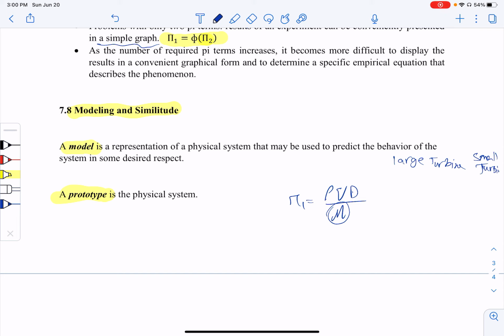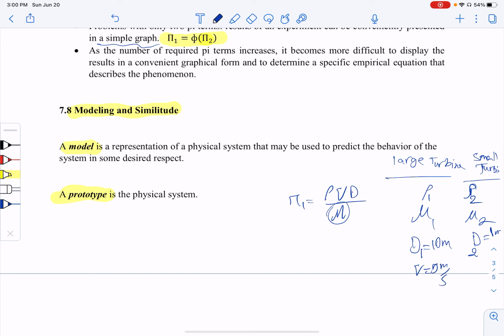Let's say we know the density of both and the viscosity of both, and we know the diameter of the first one is, let's say, 10 meters, and the diameter of the second one is 1 meter. If we know the velocity of this one, let's say 5 meters per second, we are trying to find the velocity of the wind that we need to apply to the model in the laboratory.